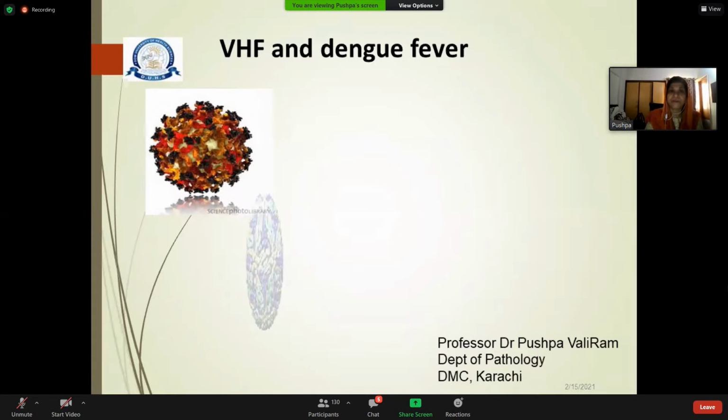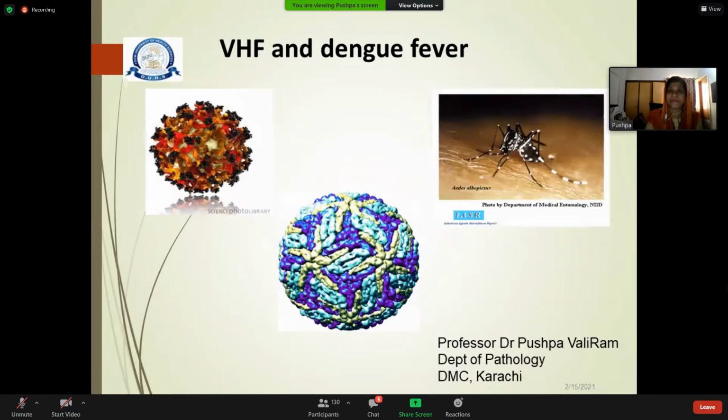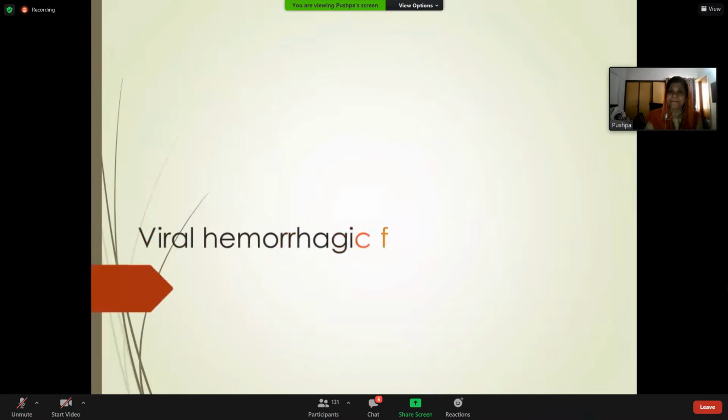So there are different groups of viruses, and in the group which we are discussing today, the vector is mostly the Aedes group of mosquito which transmits this disease.